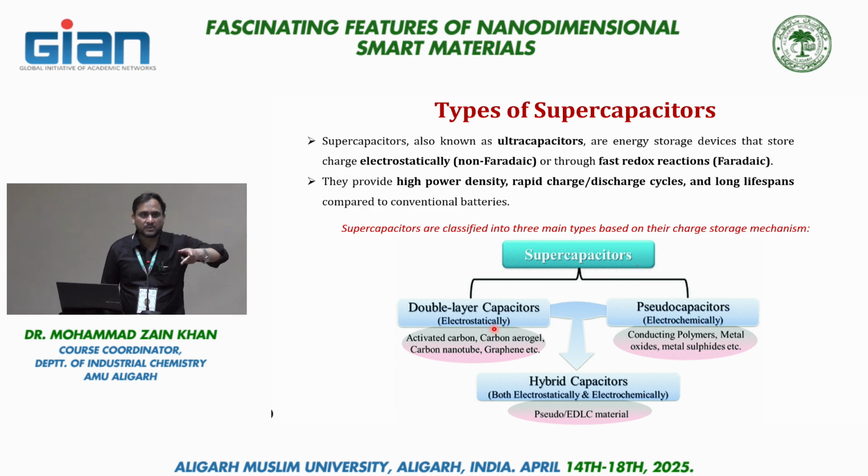Sometimes we make a composite of these carbon nanomaterials and metal oxides. Since we are taking two different materials with two types of properties, we get a synergistic effect, and because of it, instead of full EDLC or full pseudocapacitive behavior, we get a hybrid behavior.